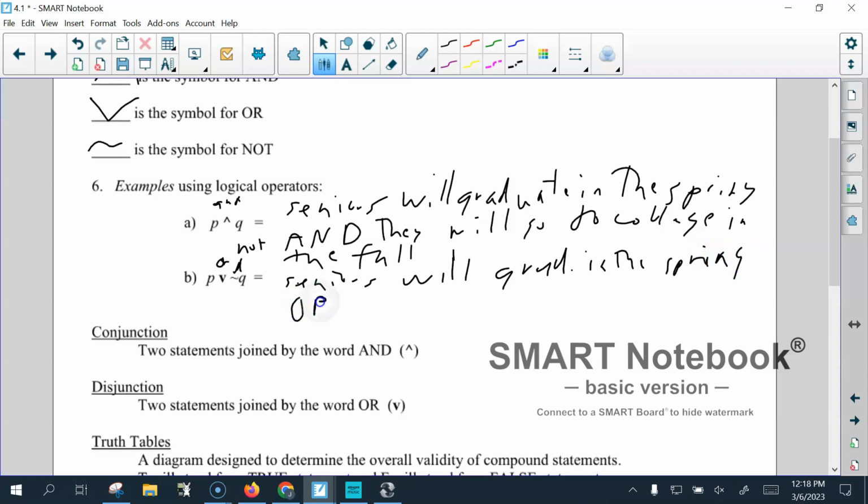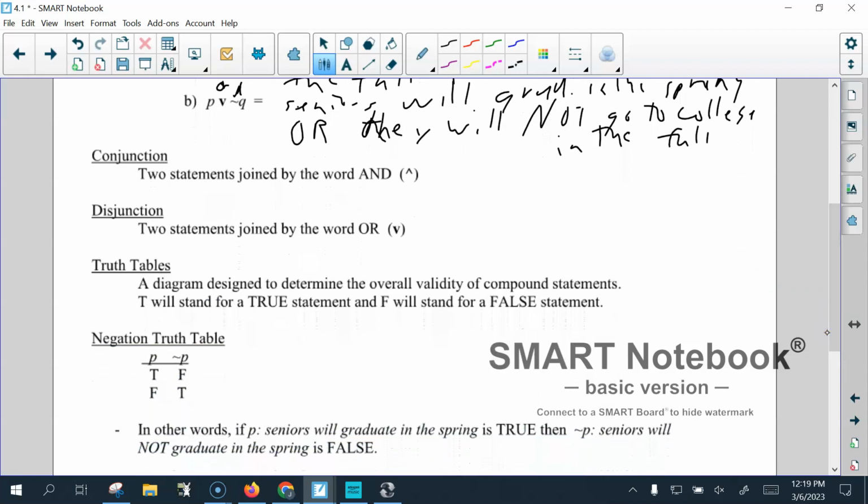Or they will not go to college in the fall. So we're really just breaking it down, and whatever we see, we're writing. And then we fill in the symbols of the appropriate words where we have them.